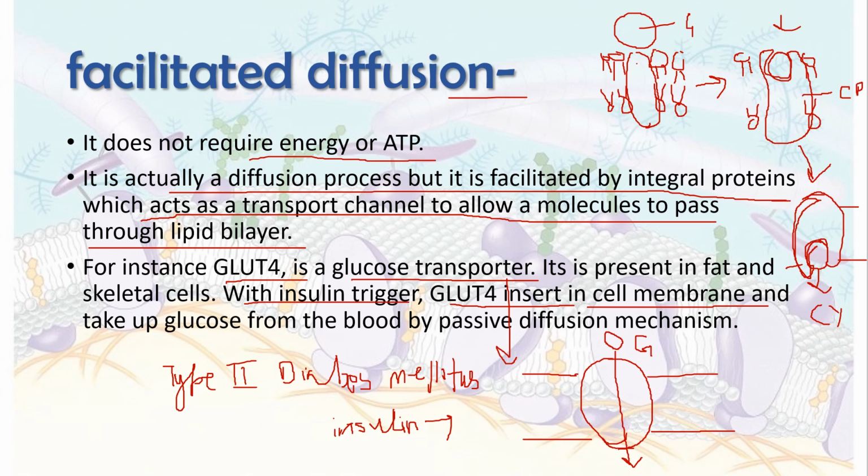If there is no insertion of this kind of GLUT4 transporter, then the sugar that we consume is ultimately retained in the bloodstream, which can induce heart disease or kidney failure because it raises the sugar level in blood.